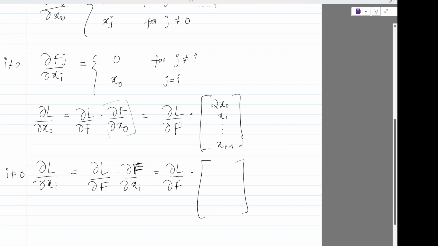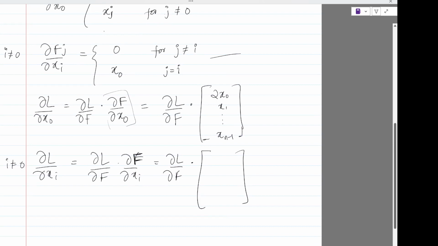What are the entries of this vector? It is 0 everywhere. In the ith entry it is x naught, and everywhere else it is 0.